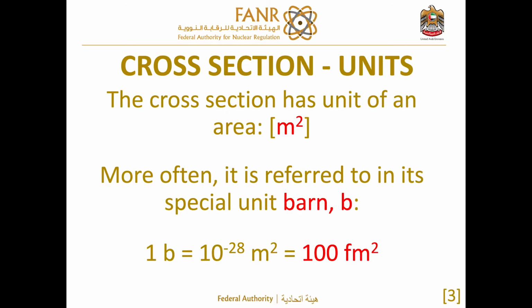It's called Fermi, in honor of the Italian physicist Enrico Fermi, who for the first time conceived and operated a nuclear reactor, and before that made a lot of studies in the nuclear fission area. So 1 Fermi is 10 to the minus 15 meters. 1 barn is 100 Fermi squared. So 10 to the minus 28 square meters.